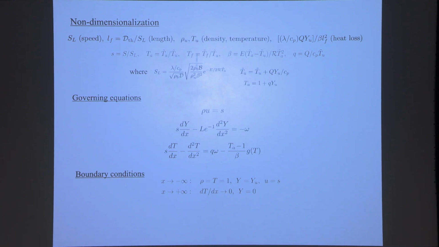But the important thing is that there's a 1 over beta in front of it, and beta is a large parameter, the Zeldovich number, or the large activation energy parameter. And so basically, what we are assuming a priori is that the heat losses are small, are weak, not very strong.